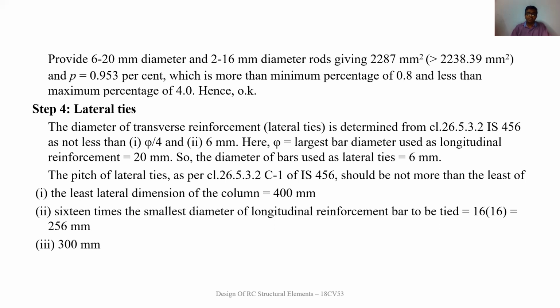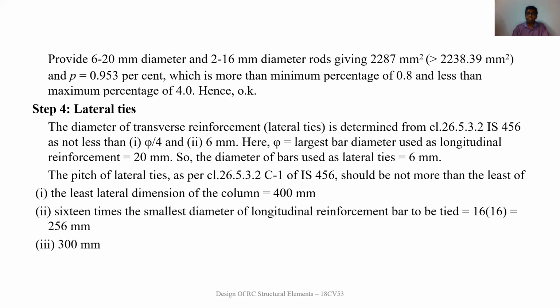In the Indian market, the standard diameters of the bars available are 6 mm, 8 mm, 12 mm, 16 mm, 20 mm, 25 mm and 32 mm. So by using a combination of 20 mm and 16 mm diameter bars, we are providing an area of 2287 millimeter square, which is more than the area required.